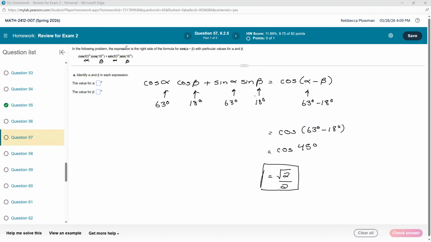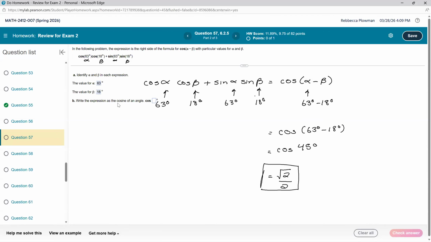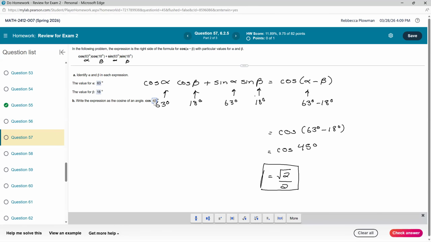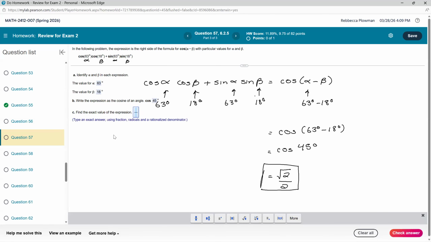So if we rewrote the expression as just cosine alpha minus beta, we know that alpha is going to be 63, we know that beta is going to be 18, and we're going to write this as cosine of 45 degrees, which is just going to be square root of 2 over 2.